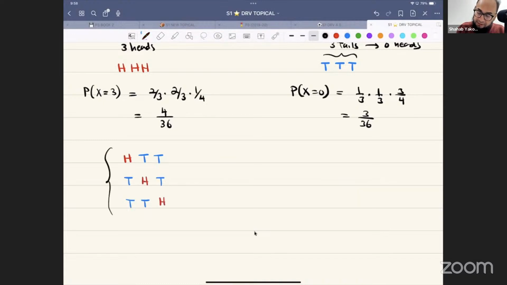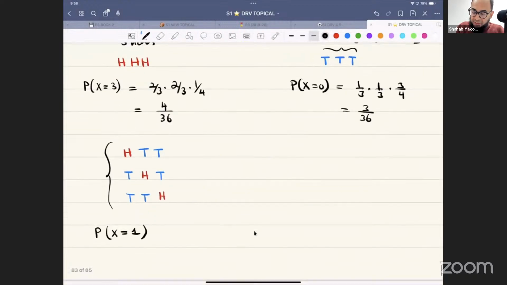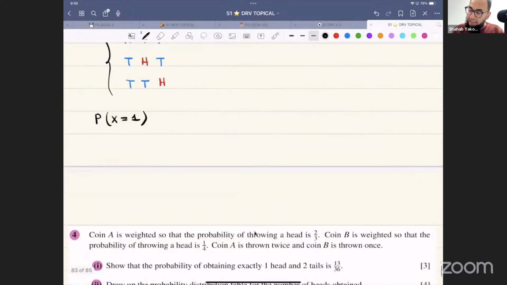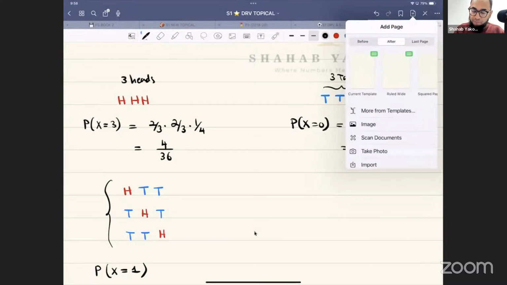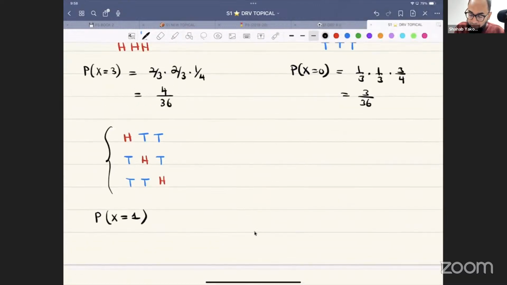This is the probability of exactly 1 head. Now I need a page for this, so let me add a page. Let me write 36 at the bottom and increase it. Okay, so there is 36 at the bottom and there are 3 options over here.